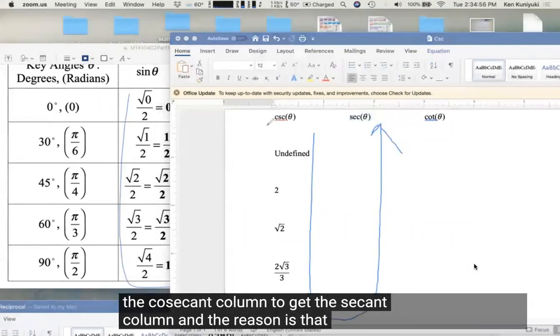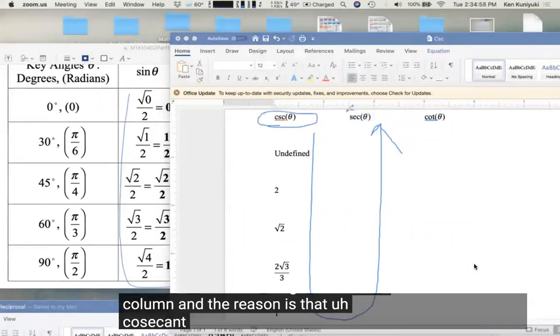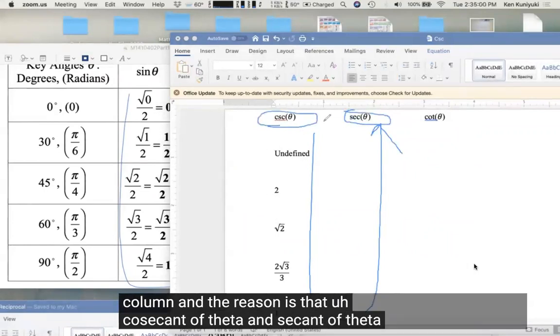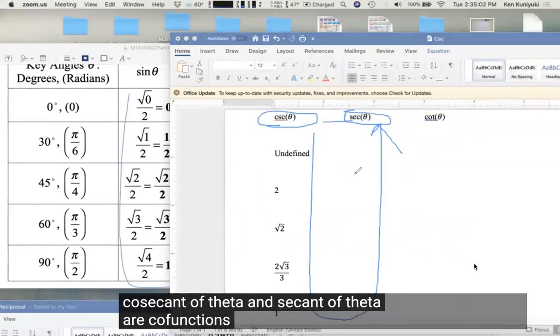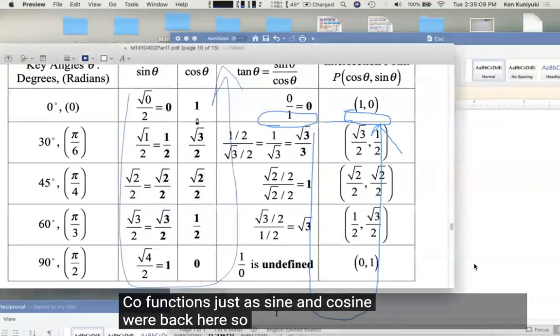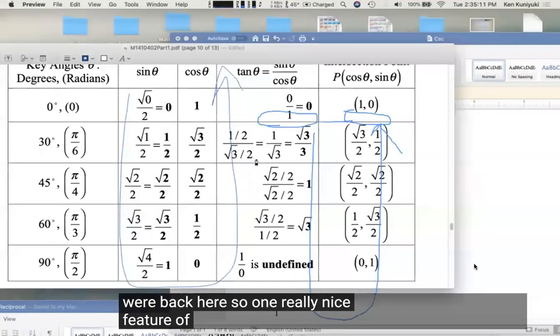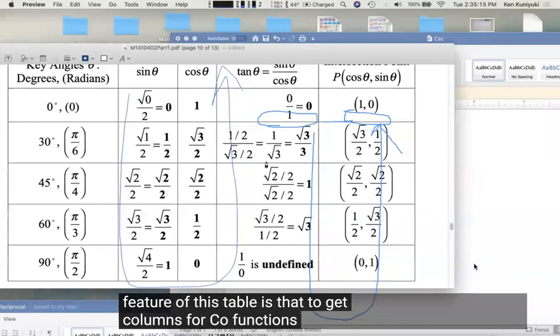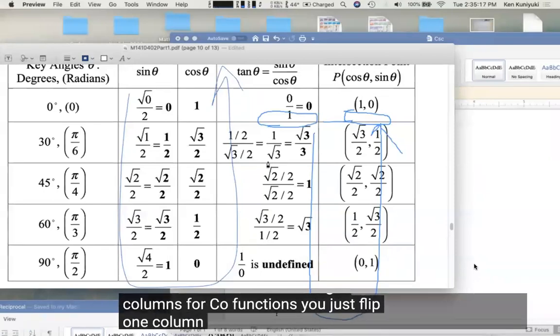And the reason is, cosecant of theta and secant of theta are cofunctions. Cosecant and secant are cofunctions, just as sine and cosine were back here. So one really nice feature of this table is that to get columns for cofunctions, you just flip one column to get the other.